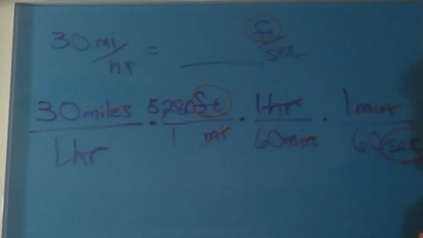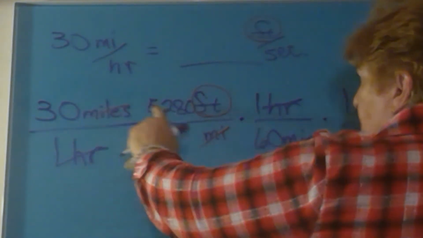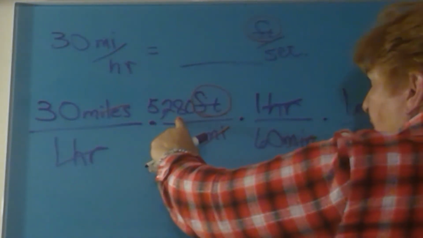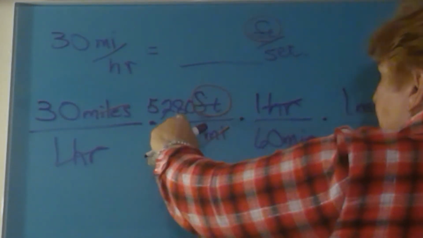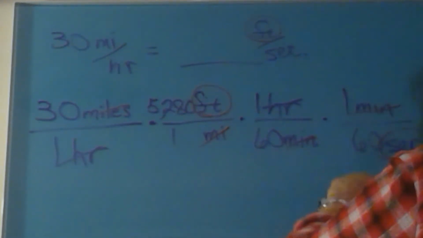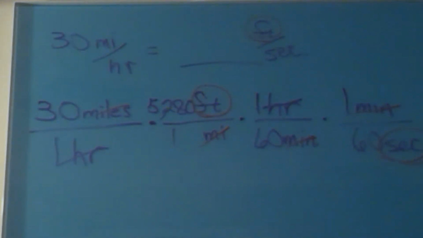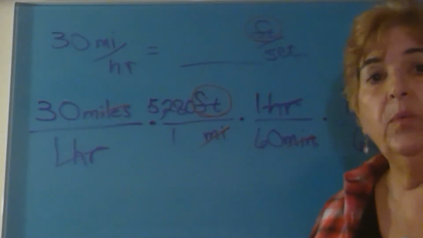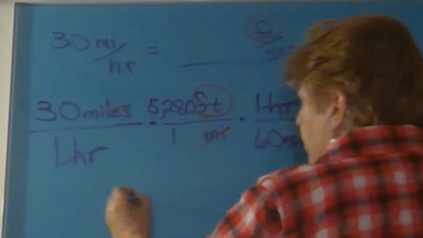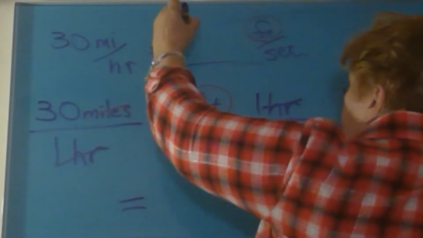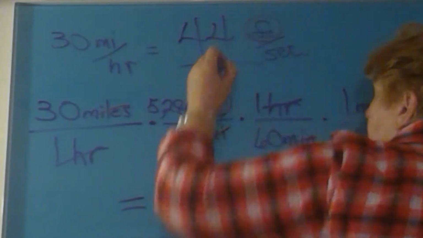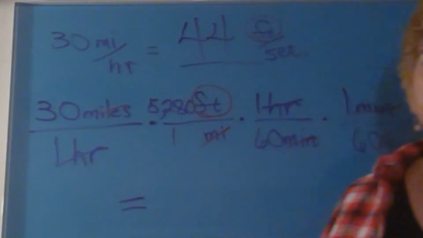So I'm going to multiply 30 times 5,280, divide that by 60, and then divide it by 60 again. And once you put that in your calculator, you will come up with 44 feet per second.